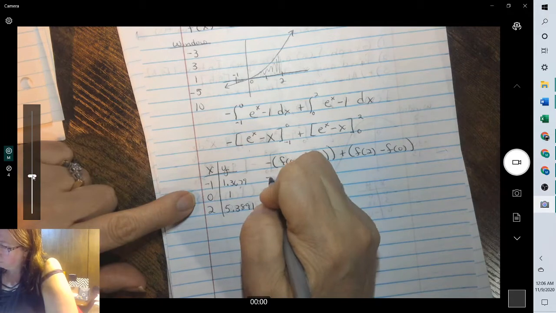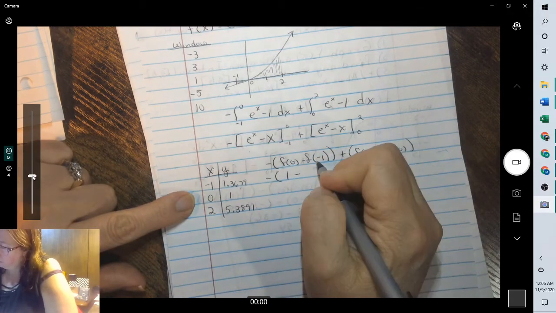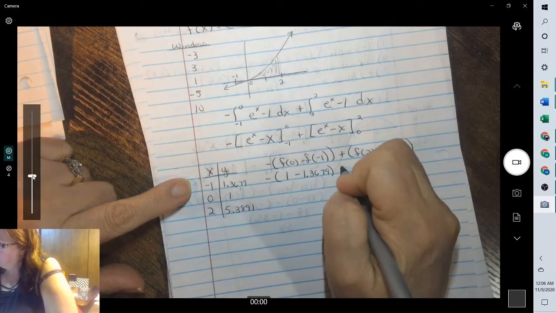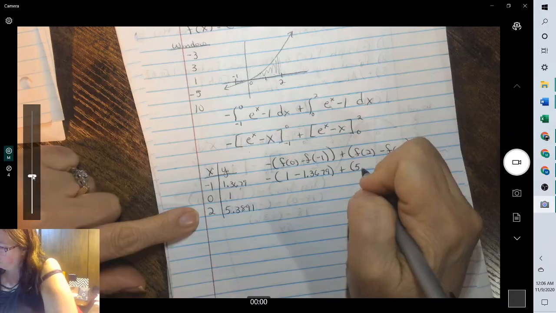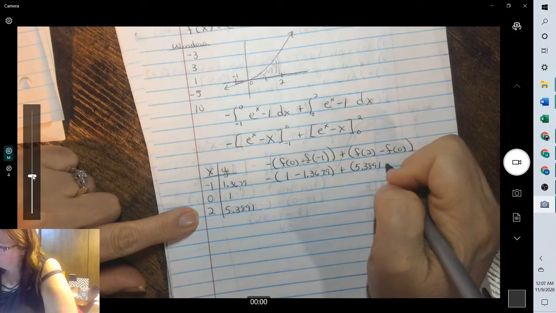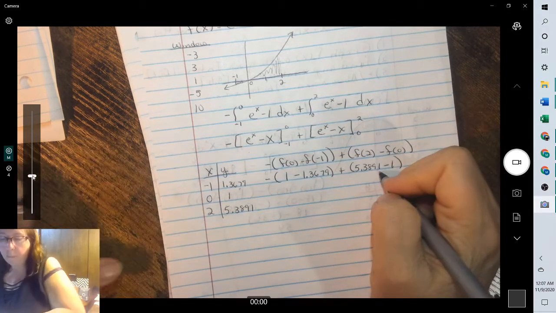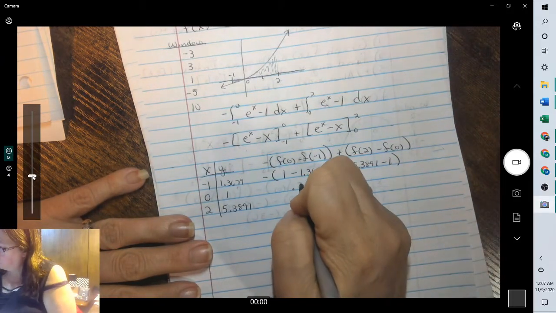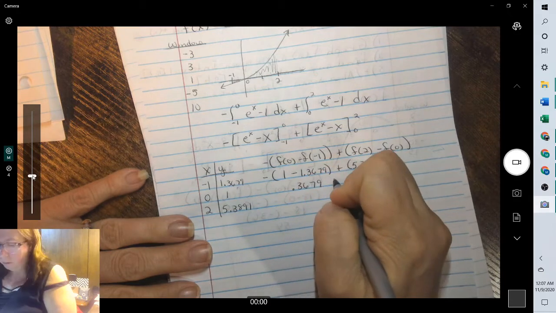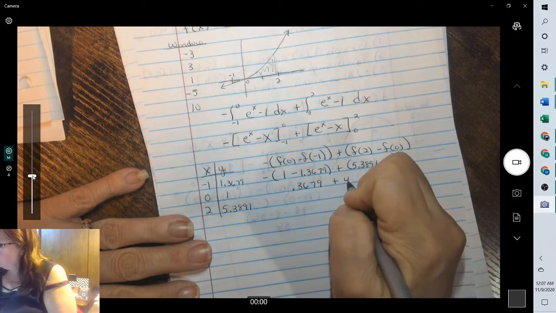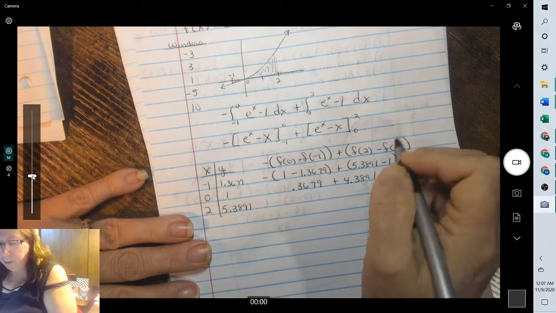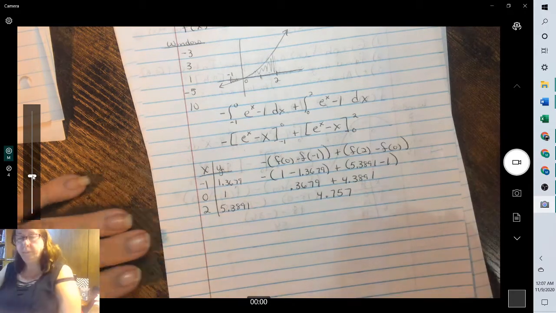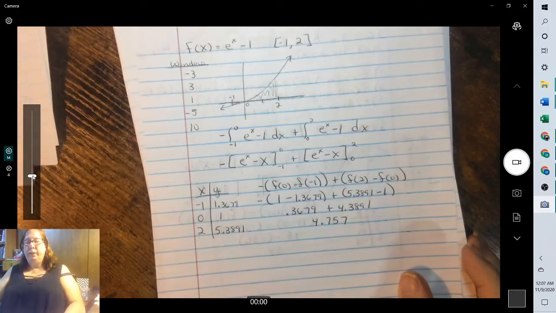F of 0 is 1 minus 1.3679, plus 5.3891 minus 1. And if you calculate that, this plus 4.3891, adding them, 4.757. So that's how you would find the area in the curve.